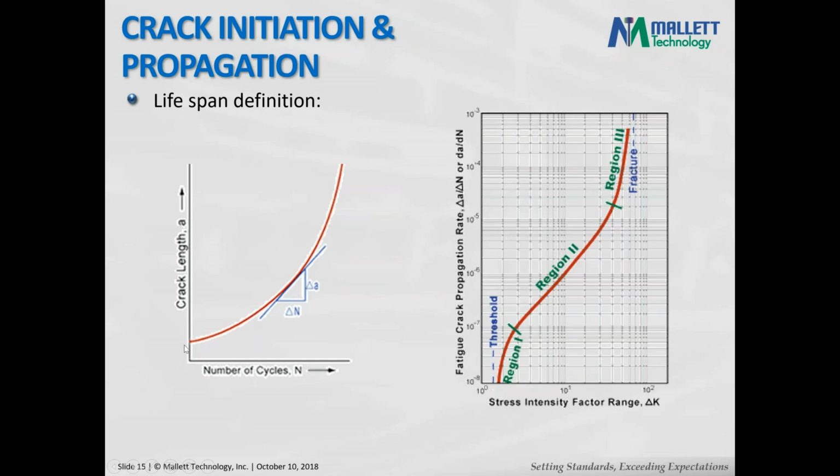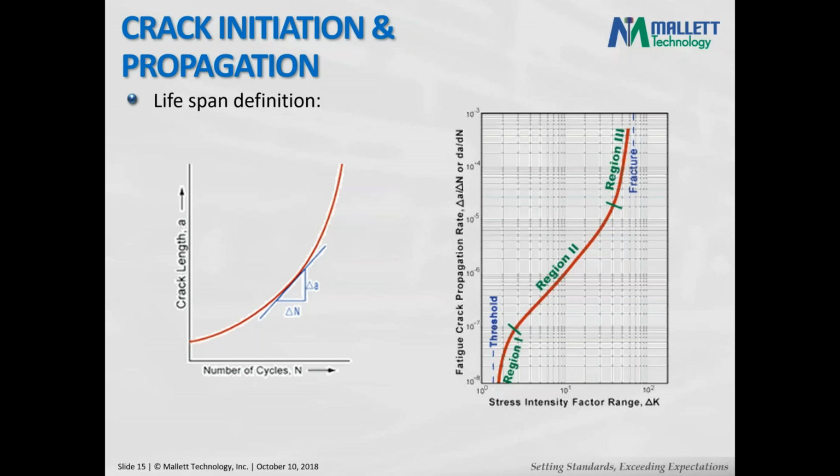This crack length, the point on the y-axis where this red curve starts, is really at the end of fatigue cycling; in the parts, there's actually a crack that develops. US Air Force standards say that's 10,000ths of an inch. So this A sub 0 here, according to some standards, is 10,000ths of an inch.